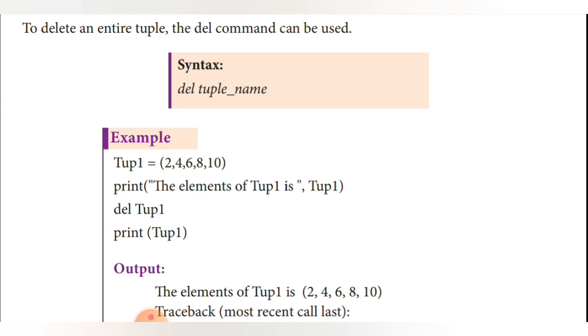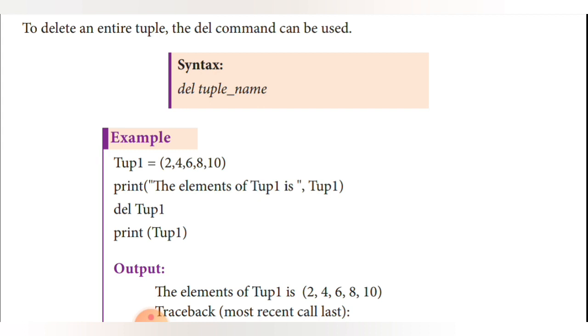Now you can see the example of how to delete a tuple. tup1 is equal to 2, 4, 6, 8, 10, so there are five elements. Then print of "The elements of tup1 is", tup1. We already know the double quotes are used to show the message on the monitor.